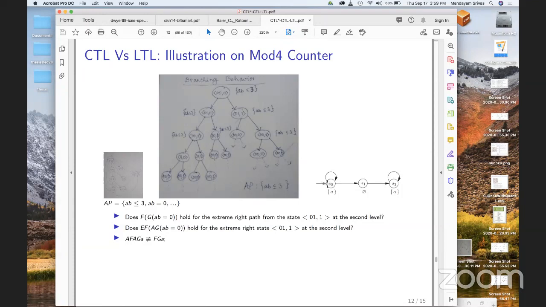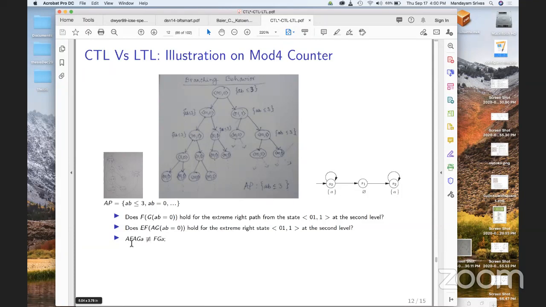There's one path, S naught omega, where S naught is continuously repeated, or there is another path in which you are here finitely many times, after which you end up going to S2, in which you stay permanently. On both kinds of paths you have F of G of A being satisfied, correct? Because once you get to S2, you have A continuously holding good.